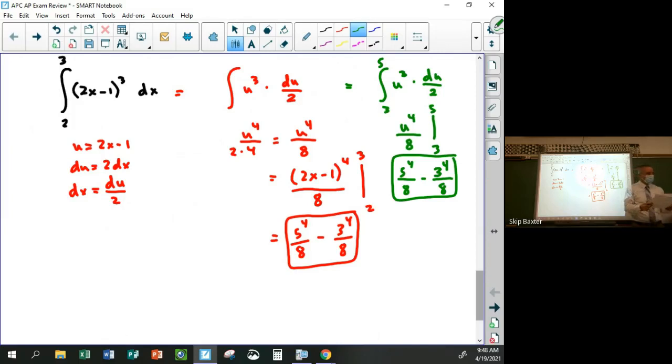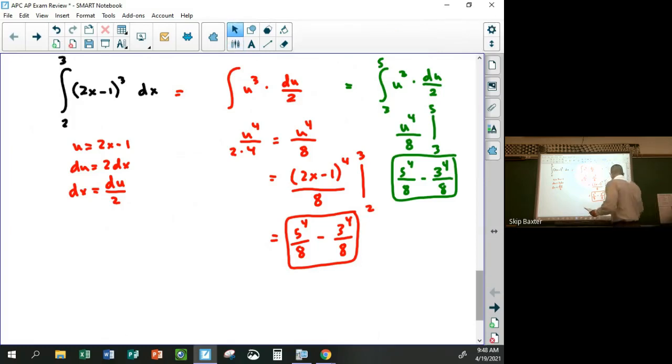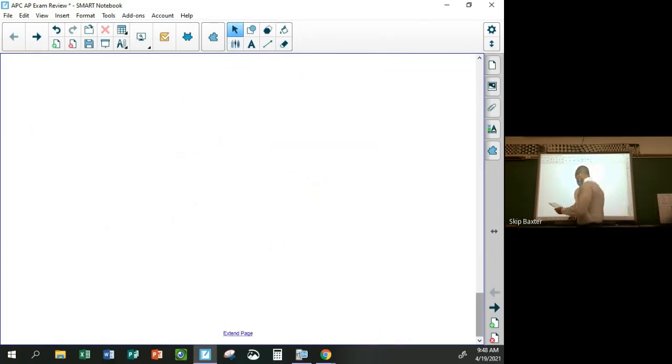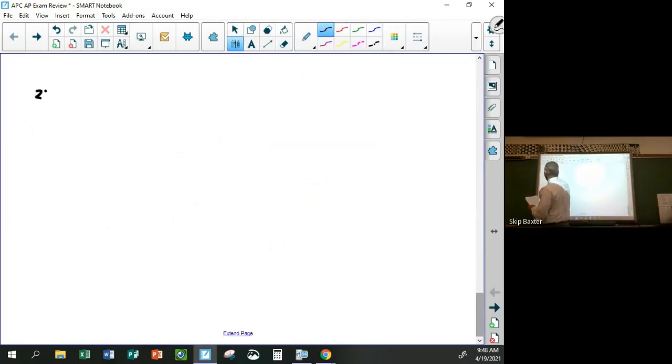Number 26. So what type of problem is this? Long division. There's no quotient rule for integrals. So if you have a quotient like this, there's only a couple options.